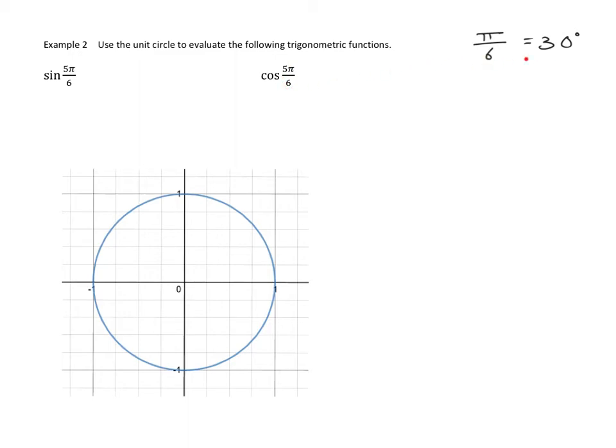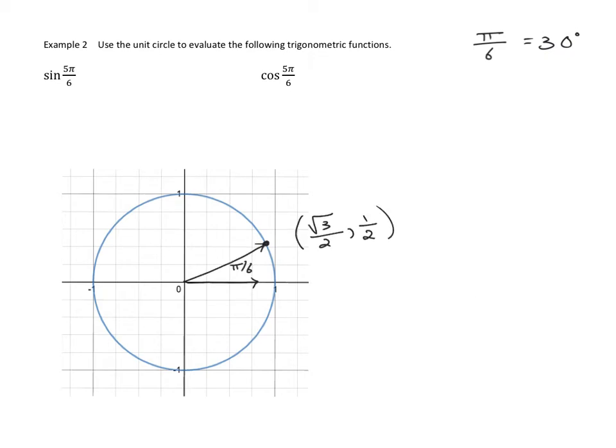Step 1 is, okay, where is this angle located, the reference angle? I know 30 degrees is roughly something like that. It's not perfect, but this spot right here. So this angle is 30 degrees, or pi over 6. I know the x-coordinate of this point is going to be the square root of 3 over 2, and the y-coordinate is 1/2.